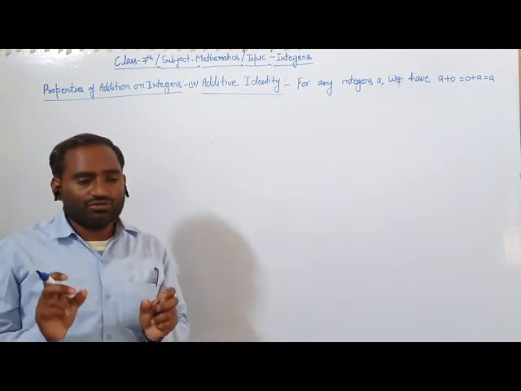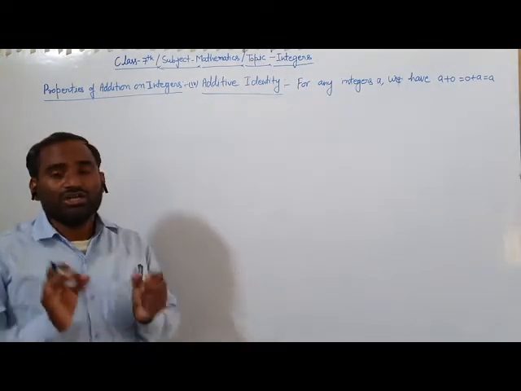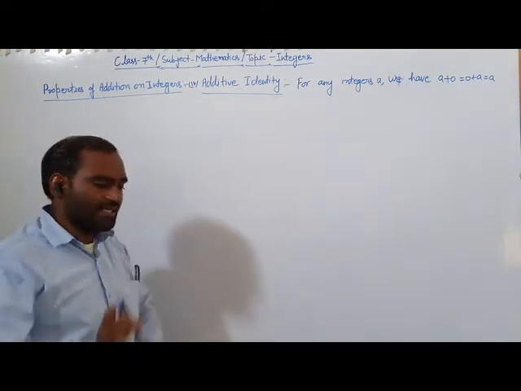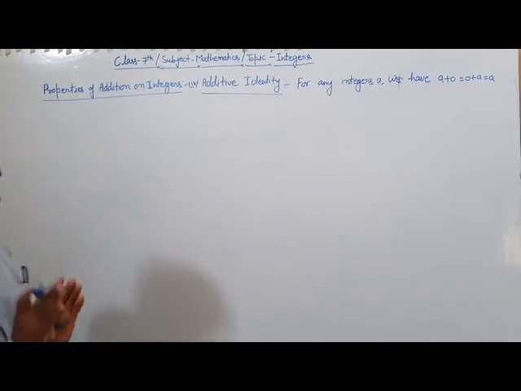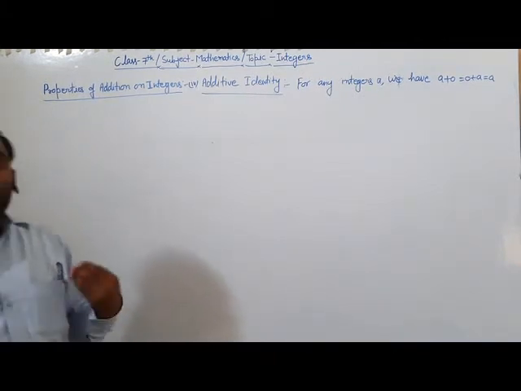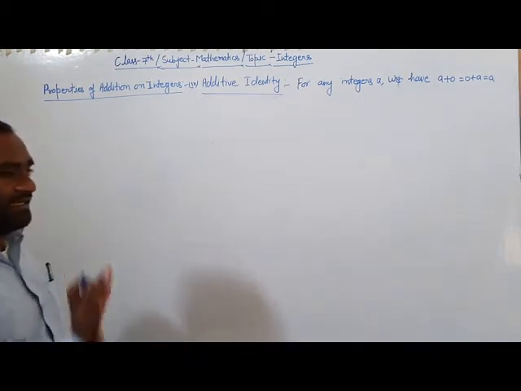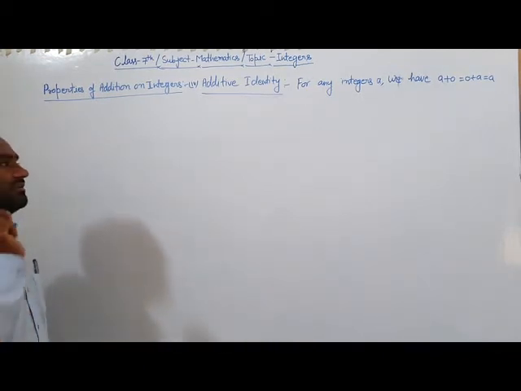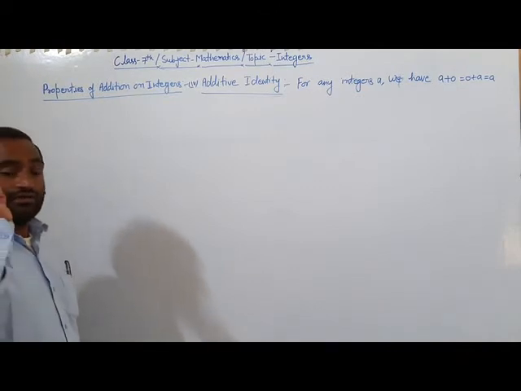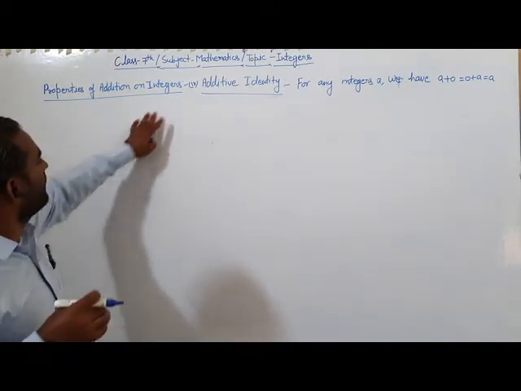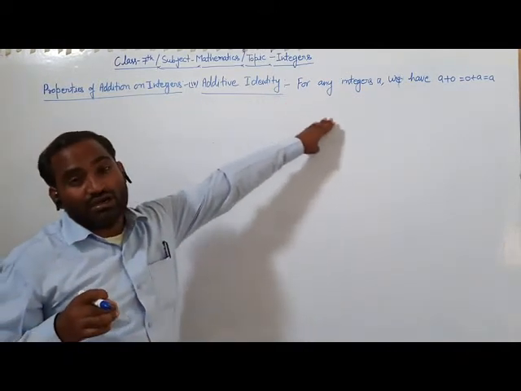किसी इंटीजर को 0 में ऐड करते हैं या 0 को किसी इंटीजर में ऐड करते हैं, तो उसका जो सम होता है वही इंटीजर खुद हो जाती है. If 0 is added to any integer, the result is the integer itself.